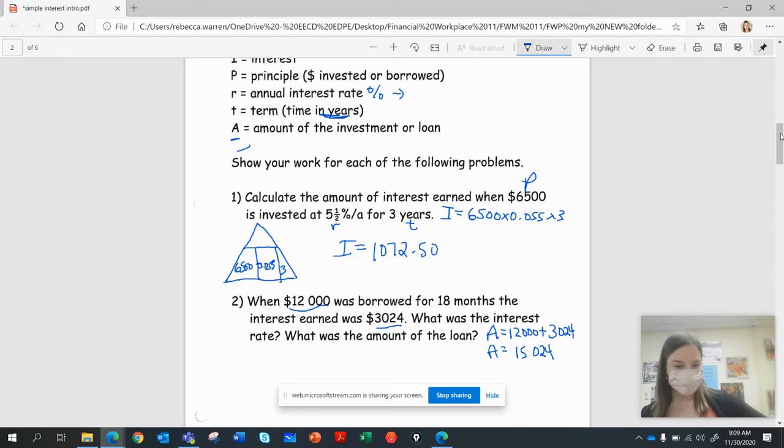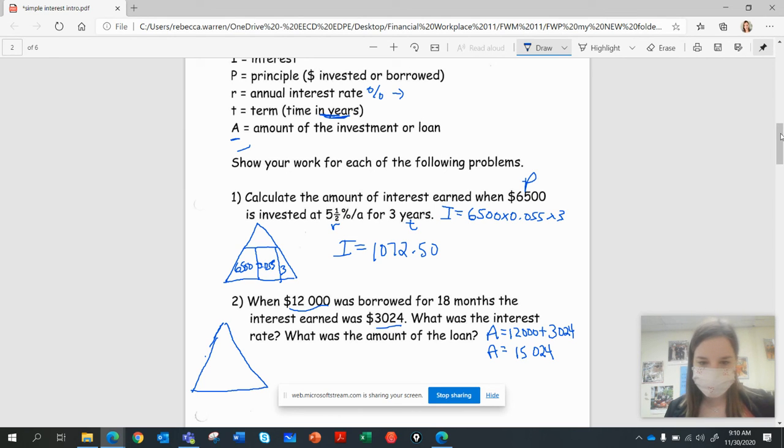Then what was the interest rate? That's when we're going to use the triangle. That's when it's going to be really useful. I'll try and make it wider this time. So we're going to fill in what we know. We know that the interest was 3,024. We know that the principal amount is 12,000, and we know that the term is 18 months.